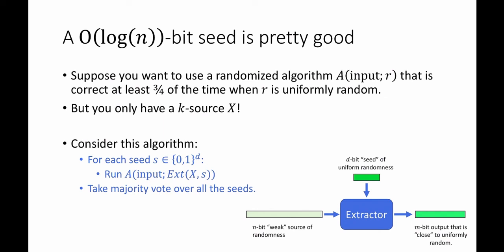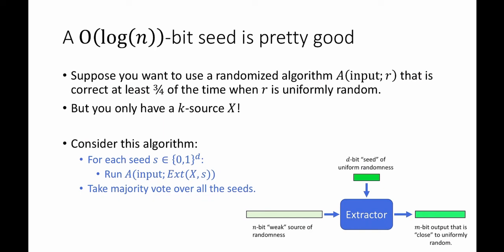For each possible seed, I'm going to run my randomized algorithm on the input that I care about, as well as on the output of the extractor on my k-source and on that seed S. At the end of the day, I'm going to have run it a bunch of times on a bunch of different pseudorandom strings, and I'll just take the majority vote over all of the seeds.